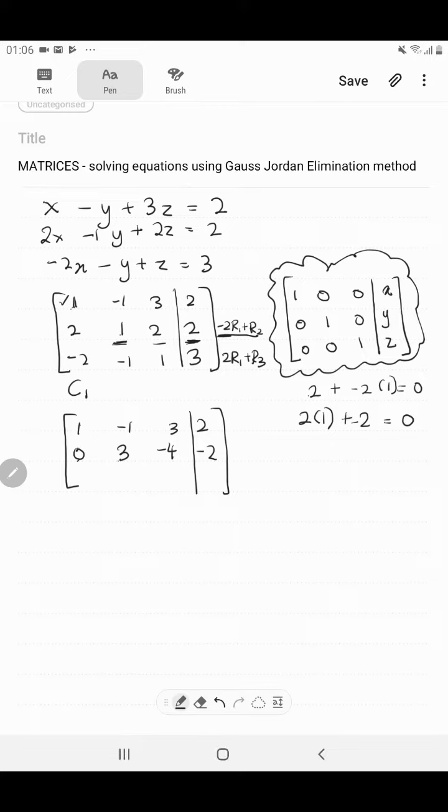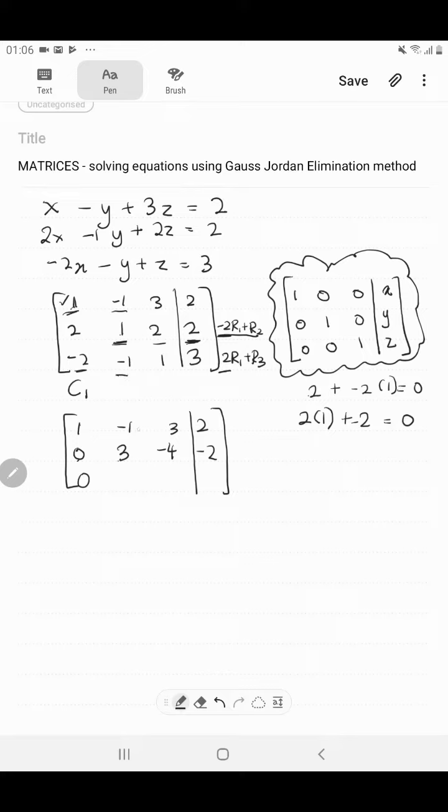And in the next row, we do the same process, 2 times R1 and then plus R3. So that's 0. We do the same, 2 times R1 and then plus row 3.